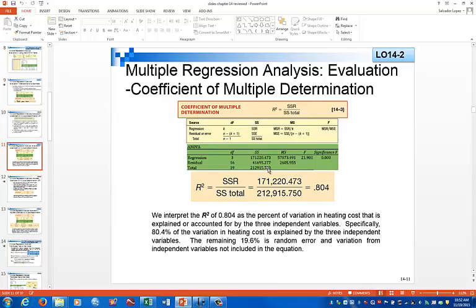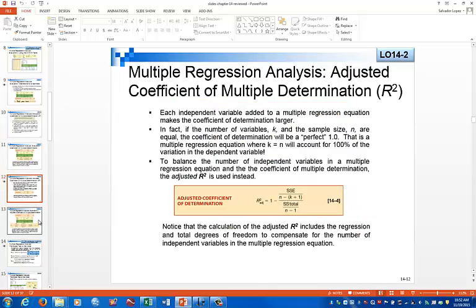However, as we add more independent variables, even if they are not very related to the dependent variable, the SSR will increase to the point that it becomes 1 if we add enough independent variables to make them equal to the sample size.